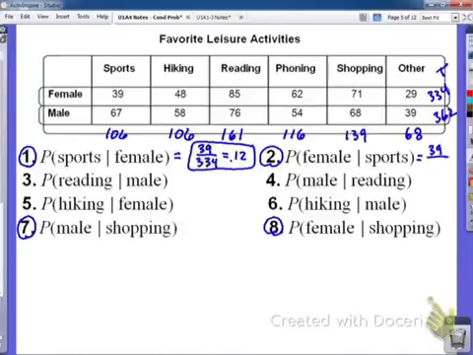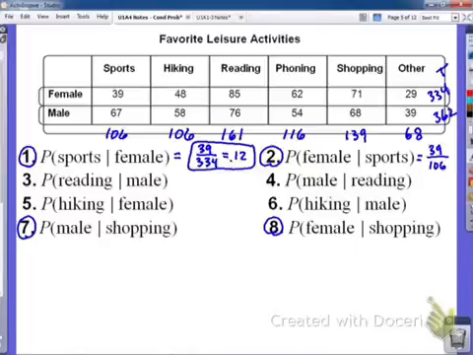And the number of people that prefer sports? 106. Notice number 1 and number 2, the numerator is 39, sports and female. However, the denominator is different. In number 1, the denominator is the number of females. In number 2, the denominator is the number of people that prefer sports.